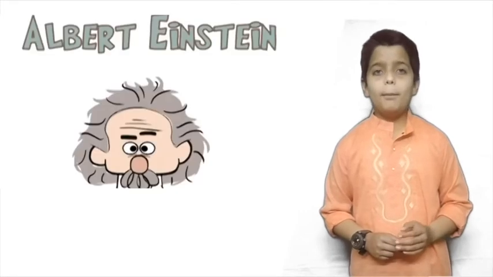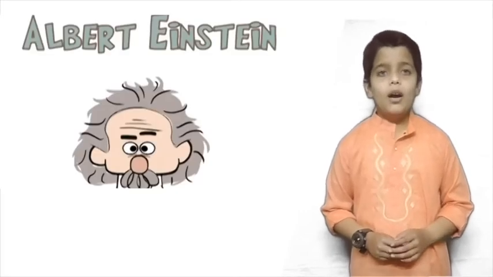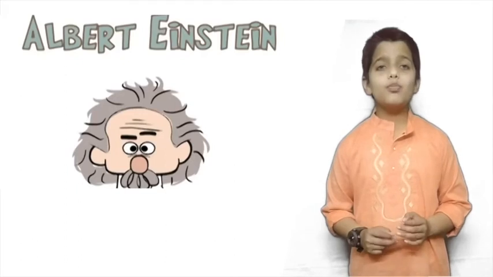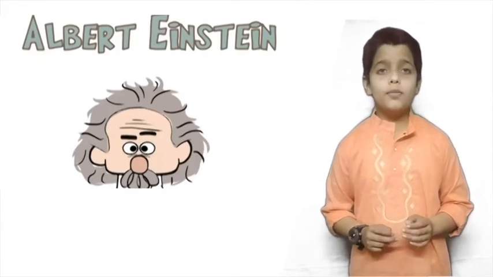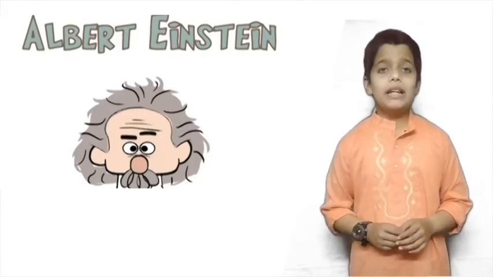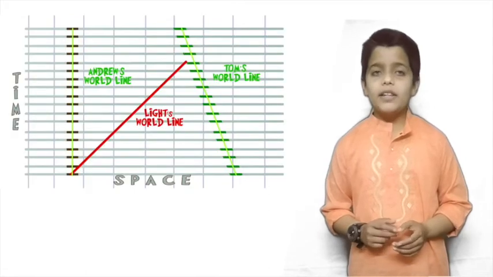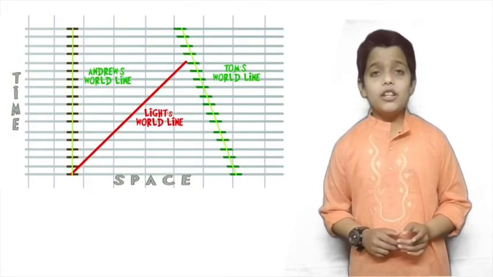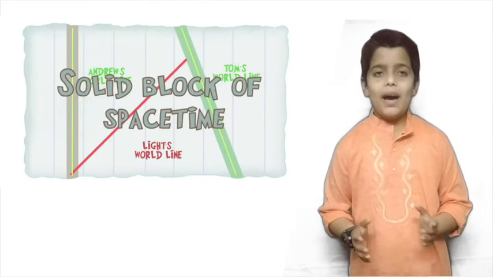In the 1900s, a clever chap named Albert Einstein worked out how to see things properly from Tom's point of view, while still getting the speed of light right. First, we need to glue together the separate panels into one solid block.